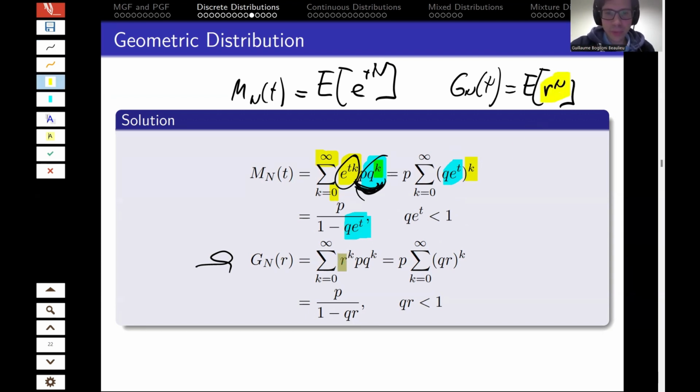Well, they're r to the k, where k will take all the possible values, 0, 1, 2, and so on. And then again, you multiply this by the probability that n takes a specific value, k. And again, same trick. You can put everything to the power of k, and you use again your geometric series, and you get this, provided that the condition here is verified.